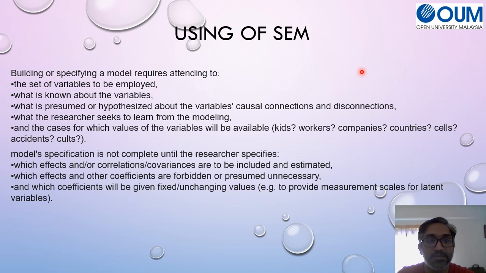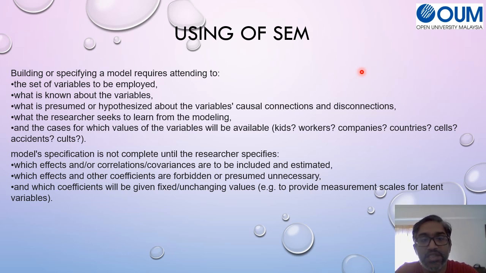Building or specifying a model requires attending to the set of variables to be employed, what is known about the variables, what is presumed or hypothesized about the variables' causal connections and disconnections, what the researcher seeks to learn from the modeling, and the cases for which values of the variables will be available. Example: kids, workers, companies, countries, cells, accidents, cults, and so forth.